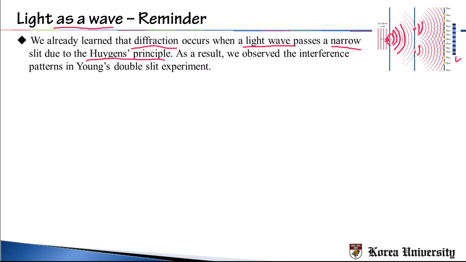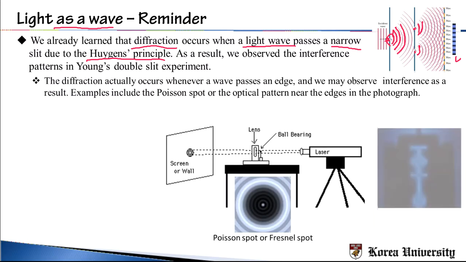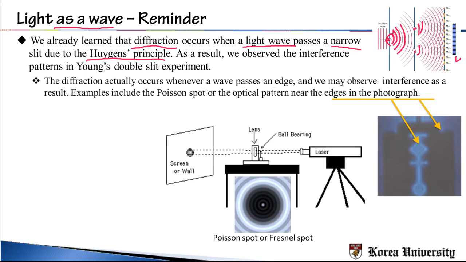But we still have to remember that diffraction occurs not just when light goes through a narrow slit, but whenever a wave passes an edge. We may also observe an interference pattern in this case. We have actually already seen it in the case of the Poisson spot. In the last chapter, we saw the same figure.